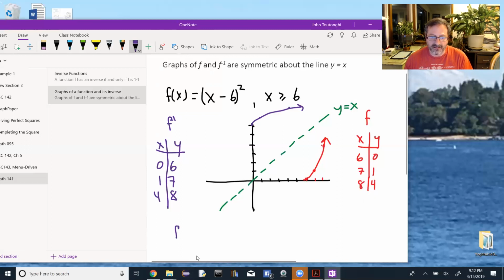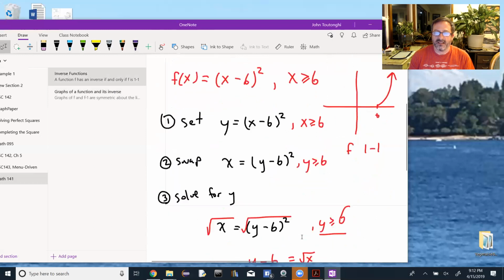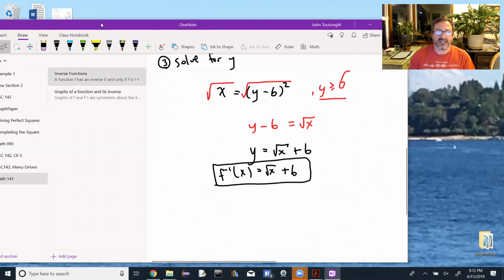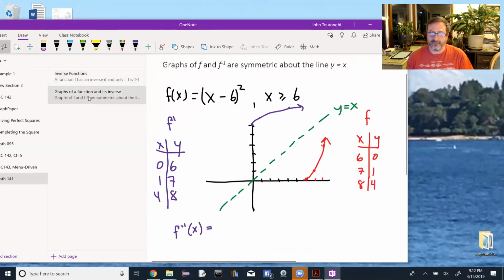And if we think about what we just found with F inverse of x from the previous page, we had the formula for it, the square root of x plus 6. And we think about what that graph looks like. It's the graph of the square root of x moved. What does that do?